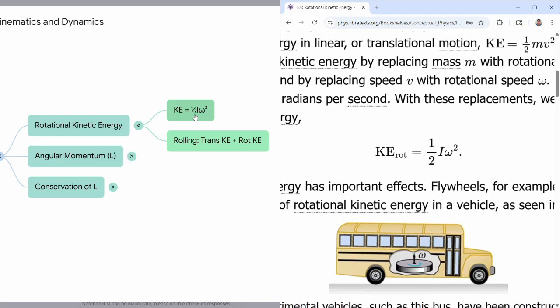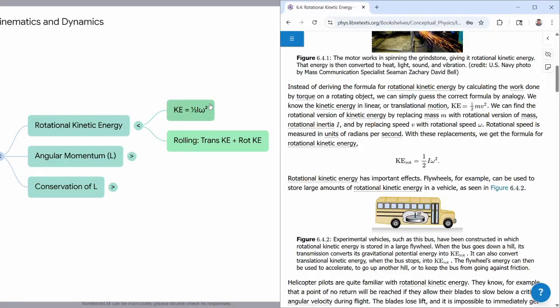So this formula, 1/2 I omega squared, you could just guess from your knowledge of translational dynamical quantities and the trust in the rotational analogy.